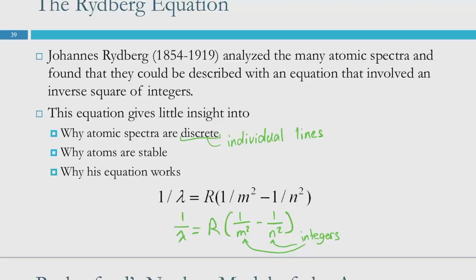But like 1, 2, 3, 4, 5. I guess it would work for negative numbers because they're squared, but that's the idea. We're not doing like 1.5, 2.5. So the inverse means we're dividing, the numbers on the bottom are squared, and they're integers: 1, 2, 3, 4, 5, etc.